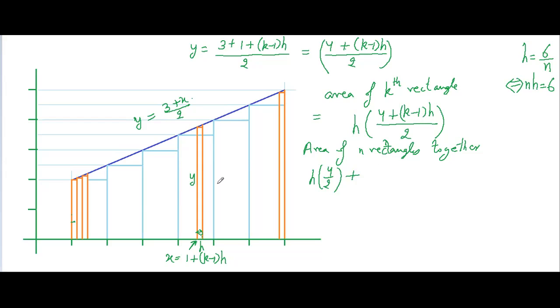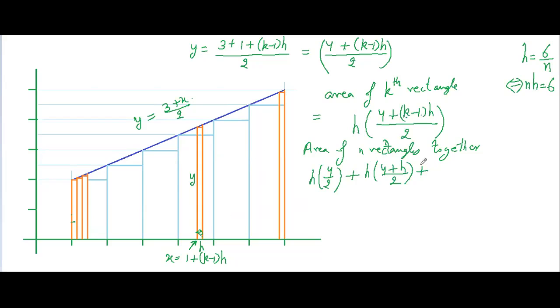For the second term, that is the second rectangle, the area will be k taken equal to 2 here. So this is 2 minus 1, so 1h. So this is h times 4 plus h divided by 2. Third rectangle, k will be 3 here. So 3 minus 1, 2.